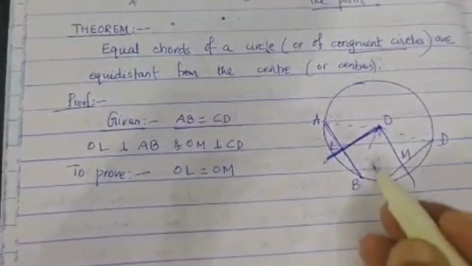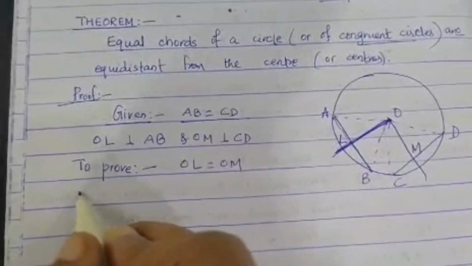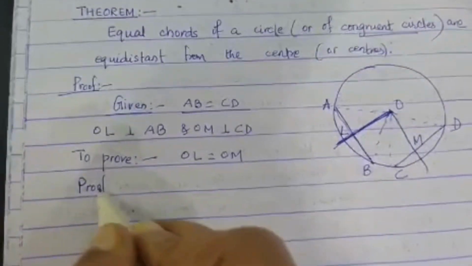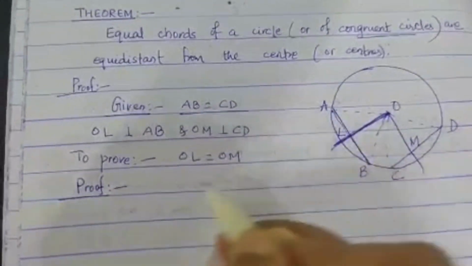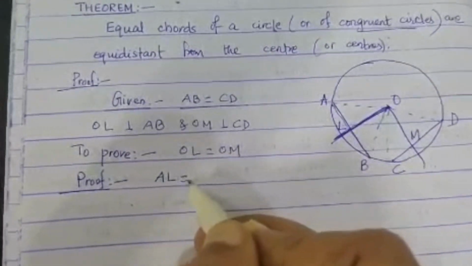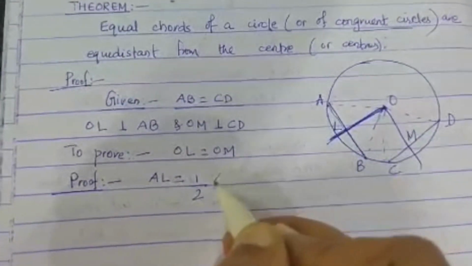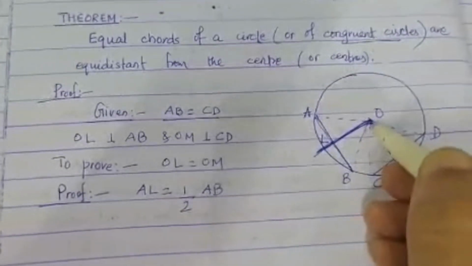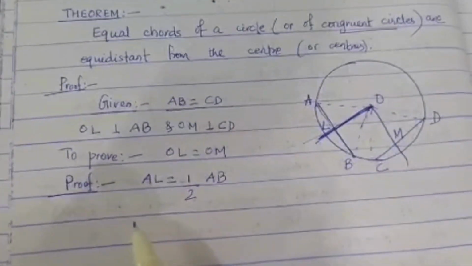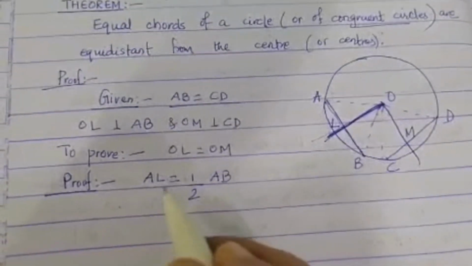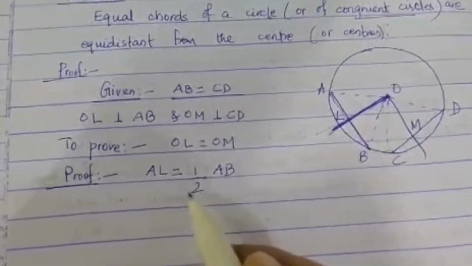So we can directly write that AL equal to half of AB. This perpendicular bisects the chord. We have studied in our earlier lecture.